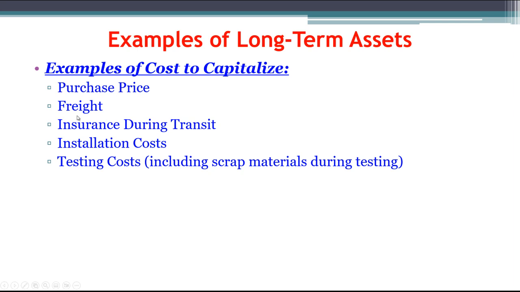You might have to pay freight. You might have to pay insurance during transit. Maybe you had to pay to get it installed. It could include some labor. It could include some supplies. Could include some renovations to the building, building a shelf for the equipment to sit on, things like that. And it could also include testing costs.